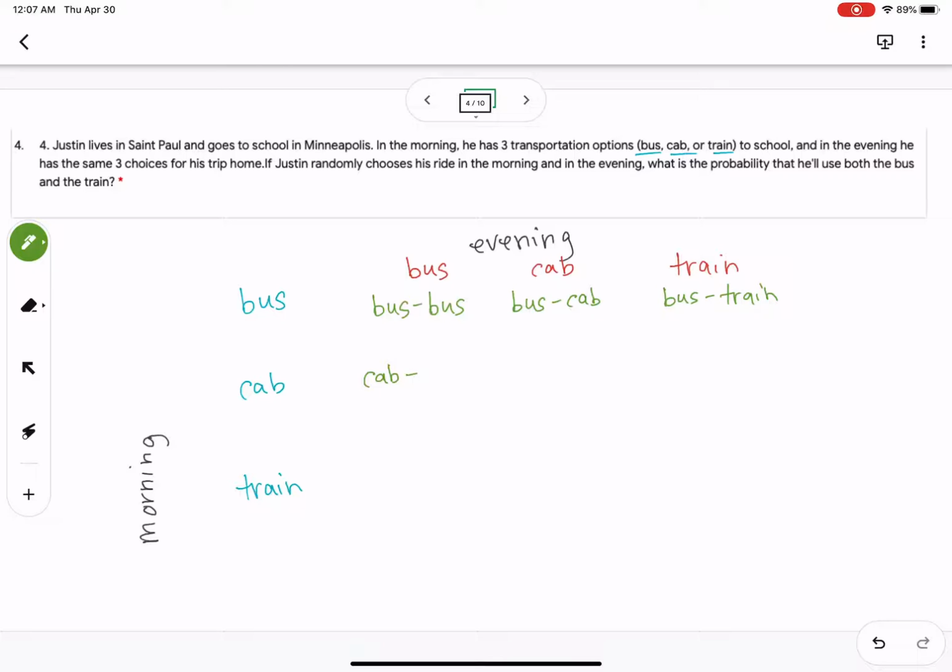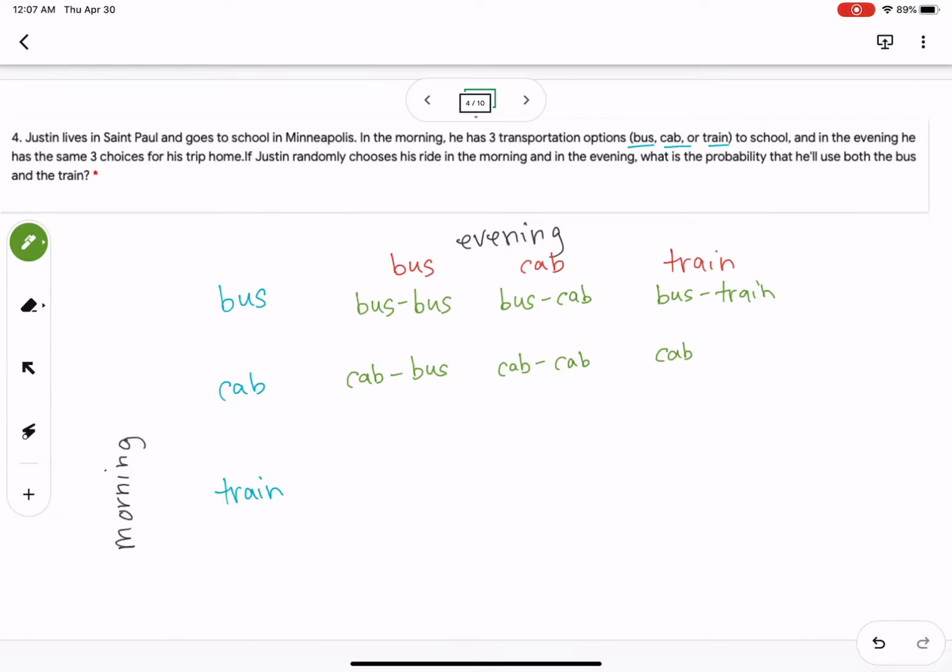Then he could take the bus in the evening. Cab in the morning, he could take the cab in the evening. Cab in the morning, train in the evening. Okay, those are all the options if he takes the cab in the morning. And then if he takes the train in the morning, he could take the bus in the evening, or train in the morning, cab in the evening, or train in the morning, train in the evening.